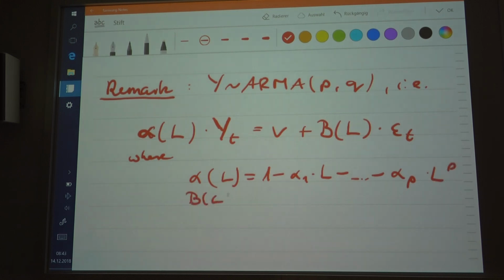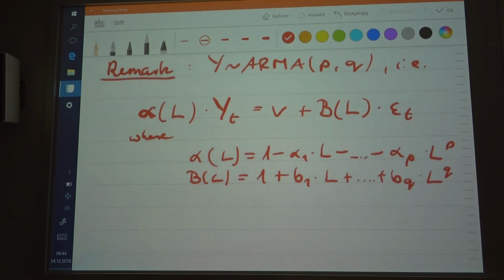And b of L is going to be equal to 1 plus b_1 times L plus and so on, plus b_q times L to the power of q. So this is just a representation. Again, here I call the lag polynomial of the autoregressive part alpha instead of capital A. You're going to see why.